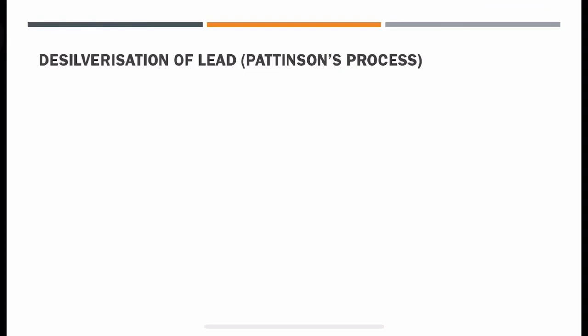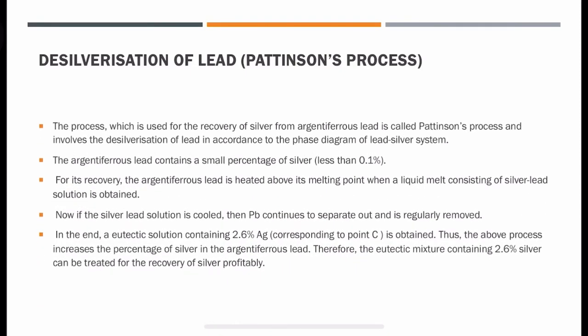In a paper, they can also put a question like desilverization of lead, partition process, or eutectic system. So you can write lead and silver system, right? So what is desilverization of lead? The process which is used for the recovery of silver from argentiferous lead is called desilverization of lead, or the partition process, and it involves the phase diagram of the lead and silver system, right?